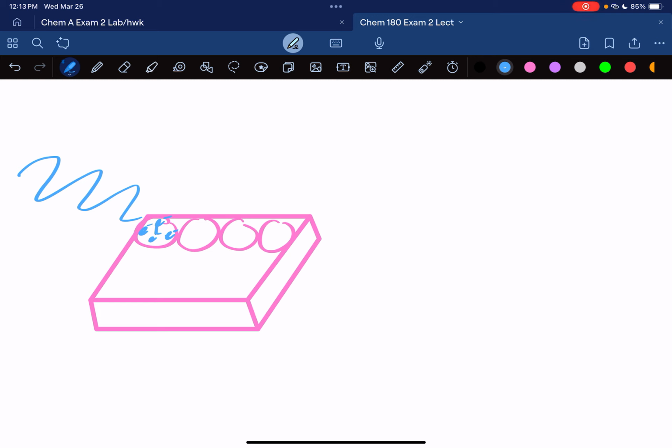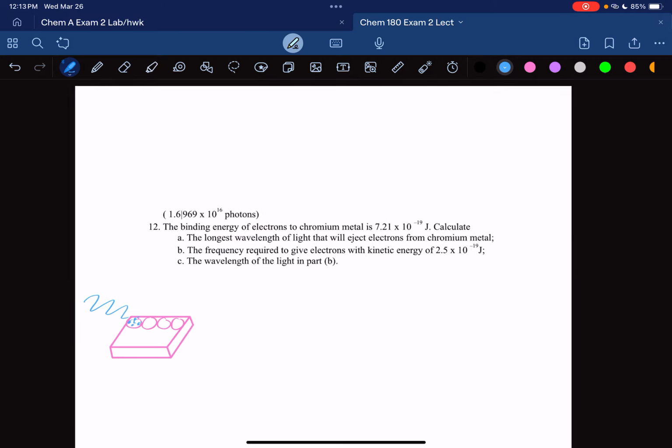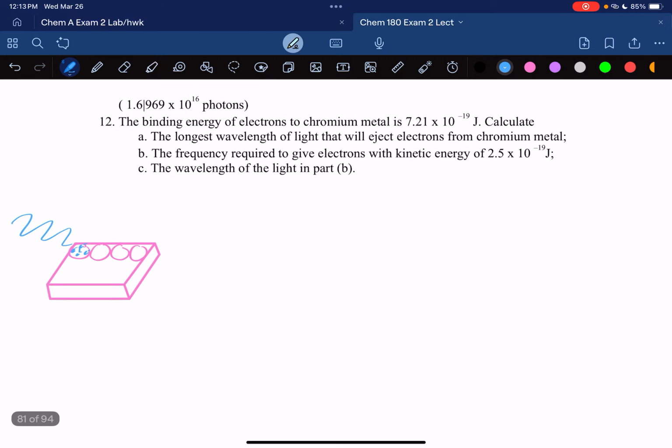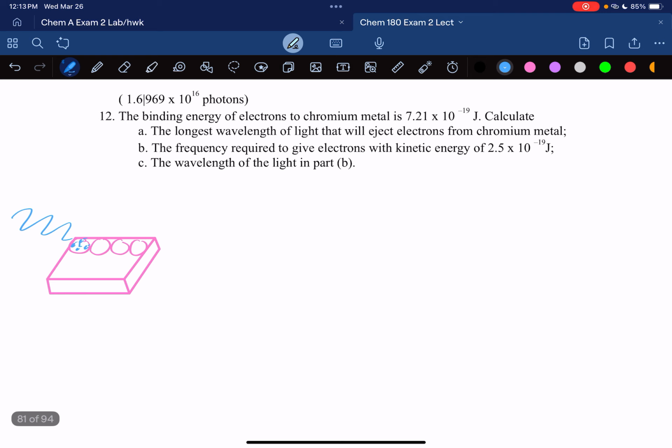That minimum energy is referred to as what? Binding energy. What's the energy to hold it onto the surface? That's the binding energy. So binding energy corresponds to the minimum energy you will need to kick it out. Minimum, that means you have shorter wavelength or longer wavelength?